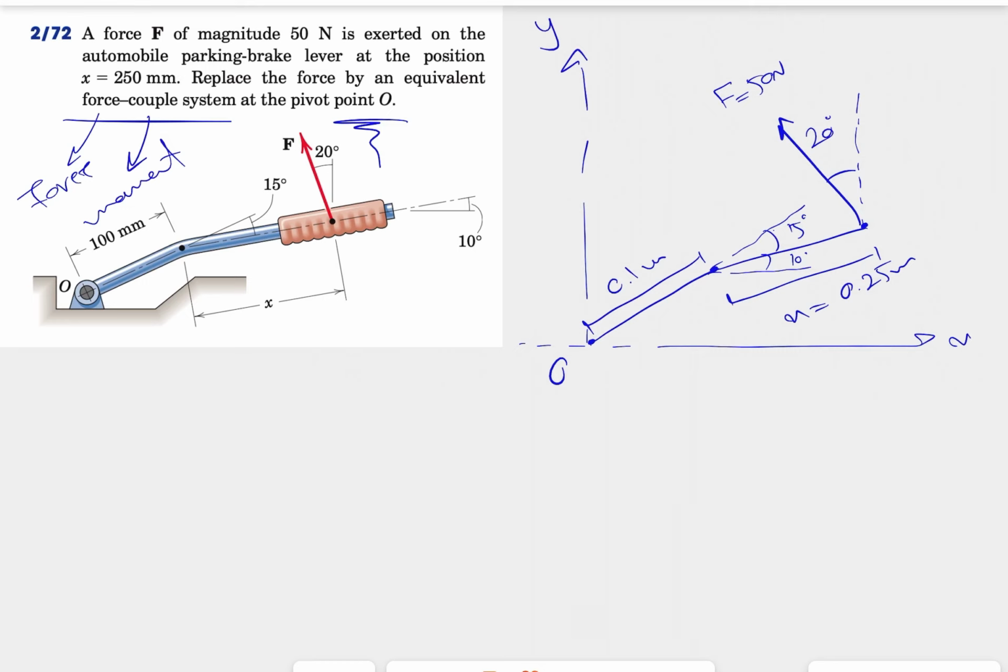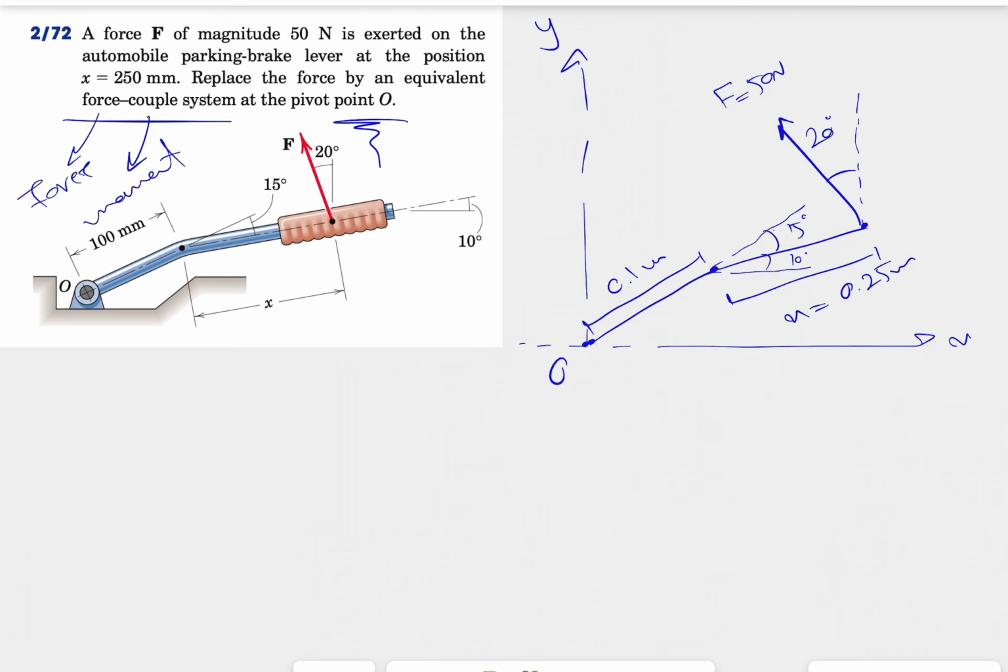So before everything, we need to find a moment about point O. And since we're in a 2D question, we can simply go with the 2D shortcut that we have for finding the moment, and that would be simply r times F, which is the distance times the force. But we have to have the perpendicular distance.